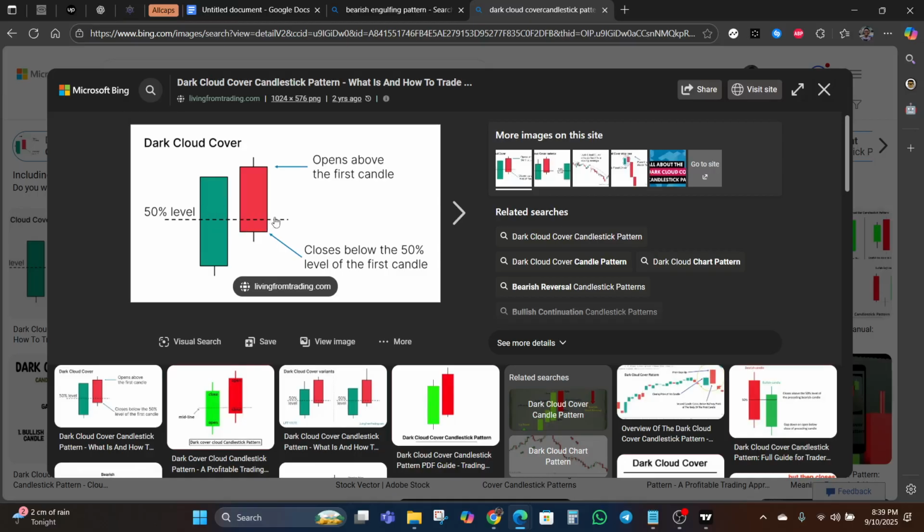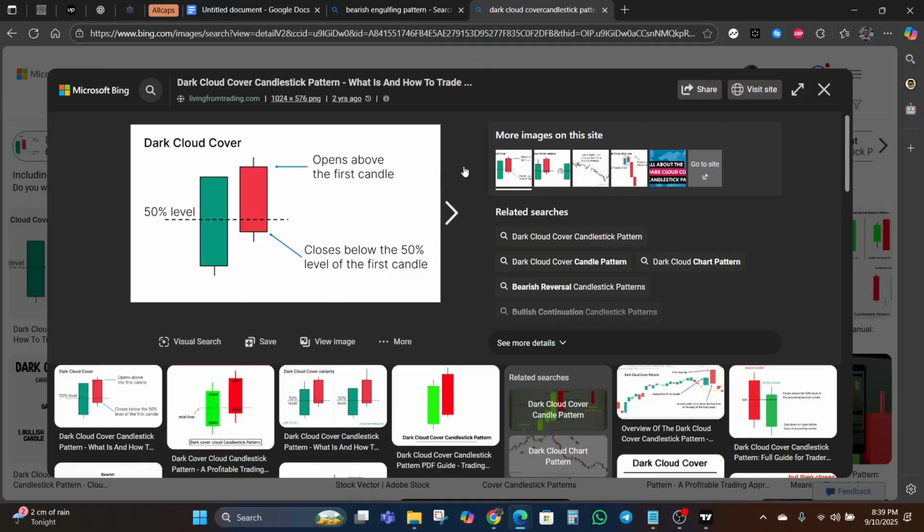This shows that buyers lost control quickly and sellers are taking charge. It is a strong reversal signal that traders use to watch for potential downward movement.